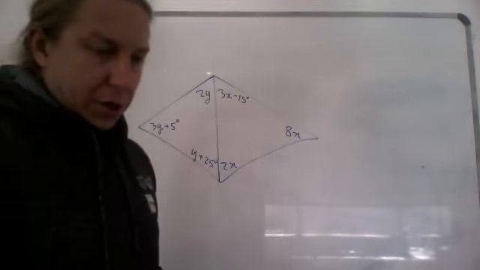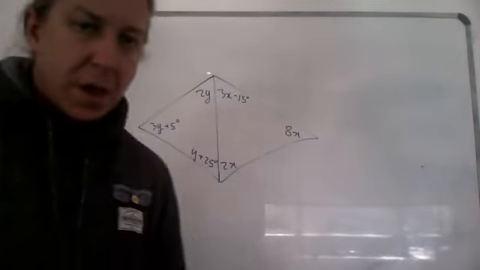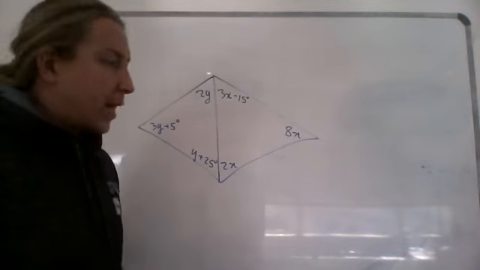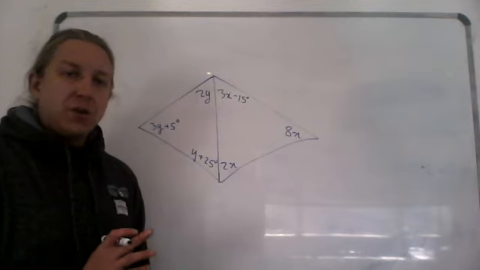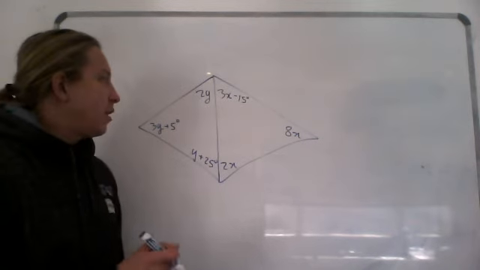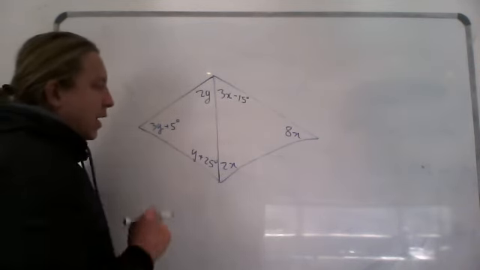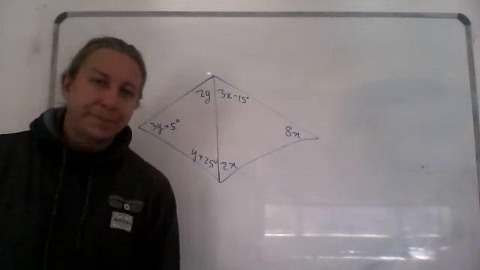So this is what they have. They've given us a quadrilateral, divided it into 2 triangles, and given us values for all the angles. But the values include x's and y's, and we have to solve this.